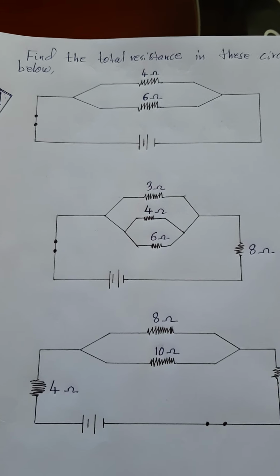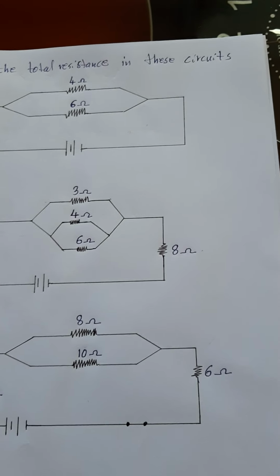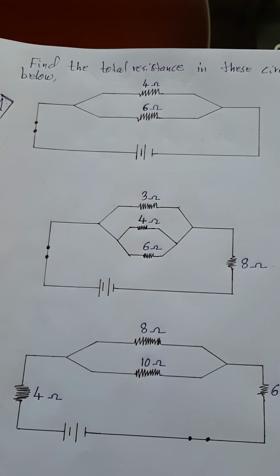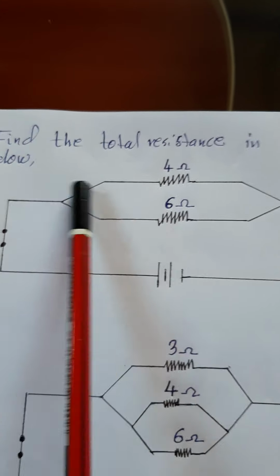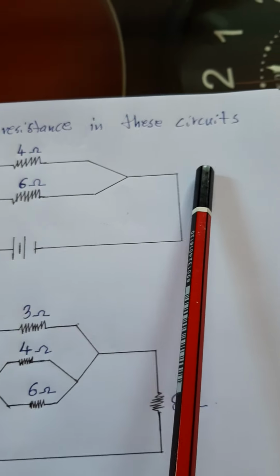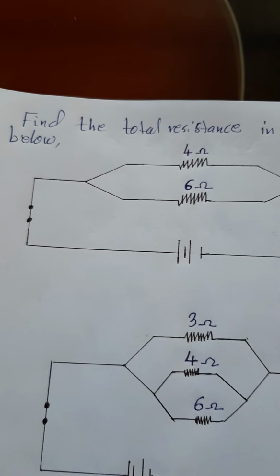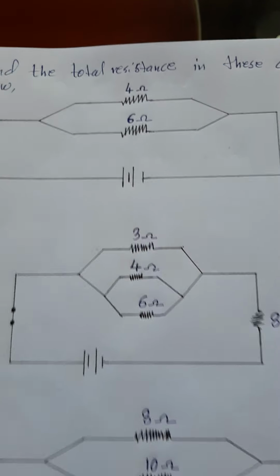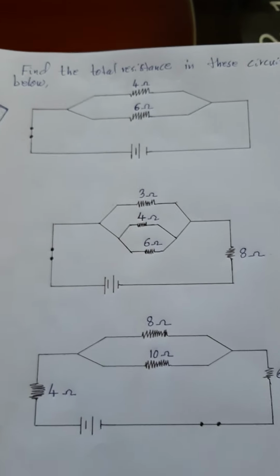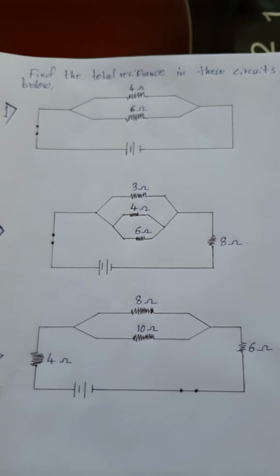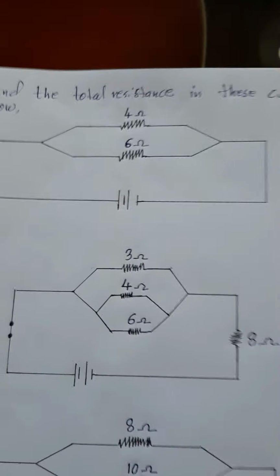Okay, now let us look at how to find the total resistance in parallel and series circuits. The question says, find the total resistance in the circuits below. As you see here, we have question number 1 and question number 3, which give us the direction, and you can solve from that.